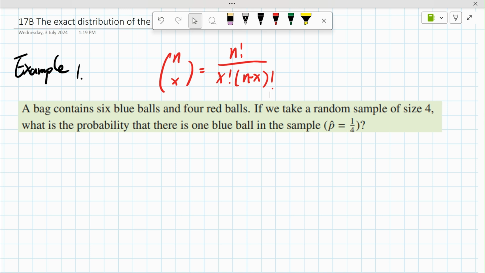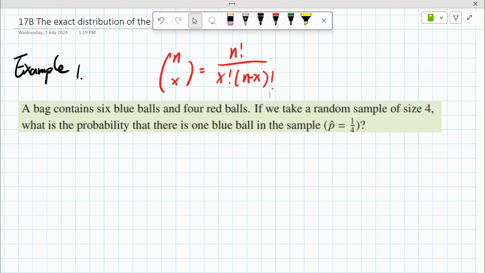So the proportion for the population will be 6/10, because there is around a 60% chance to take a blue ball.